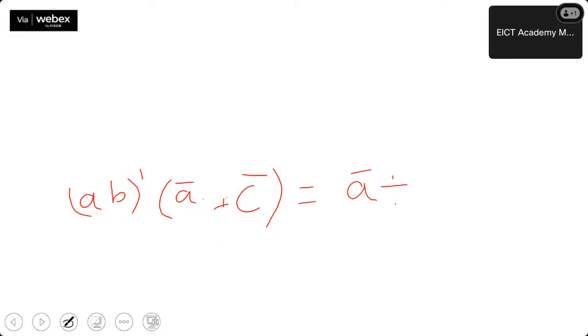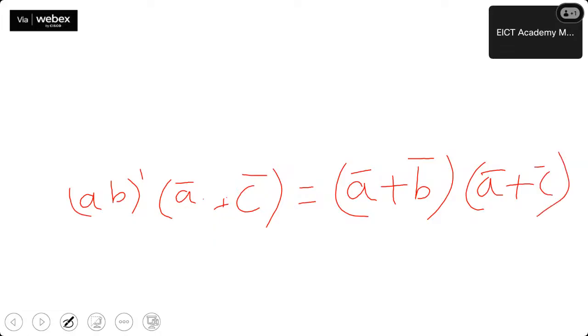It becomes A, B whole dash, ANDed with A bar plus C bar, which was already over there, right? So we are left with A bar plus B bar ANDed with A bar plus C bar. What we can write is A bar plus B bar C bar.